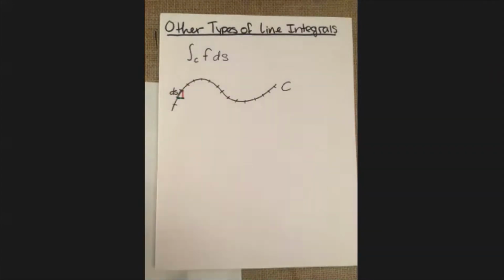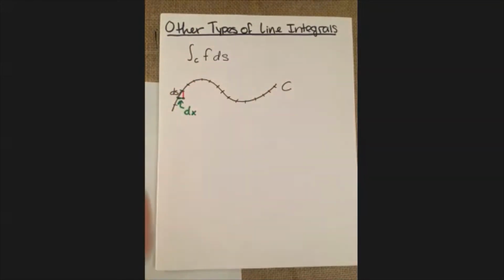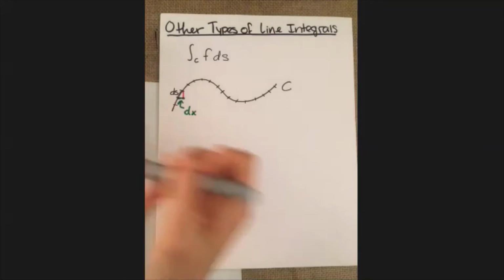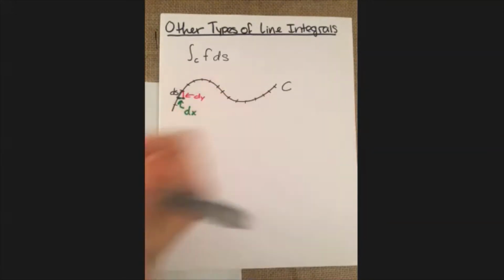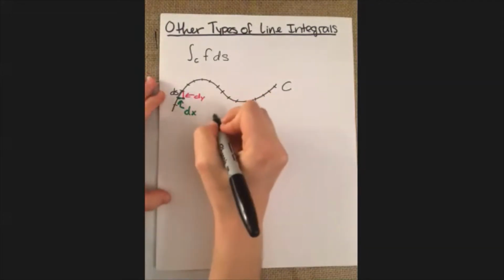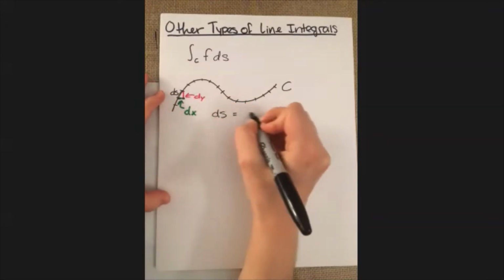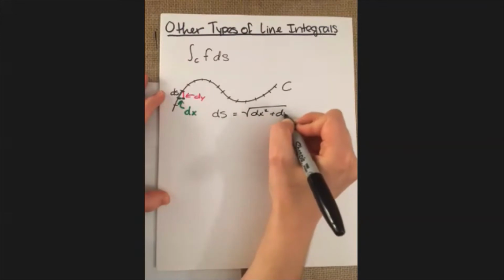I can label this side a dx, and then I'll label the vertical side a dy. What this means is that ds can be thought of as the square root of dx squared plus dy squared.